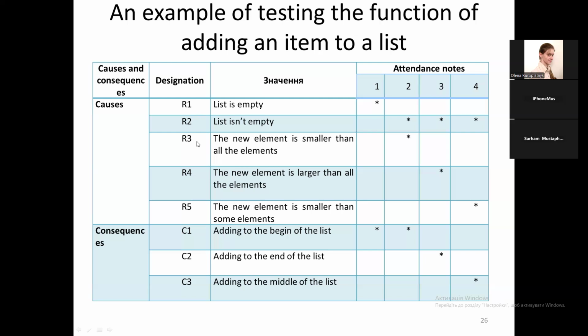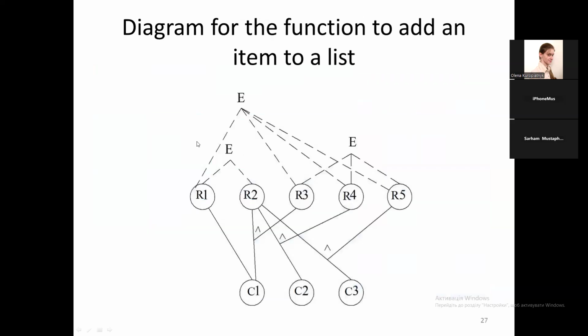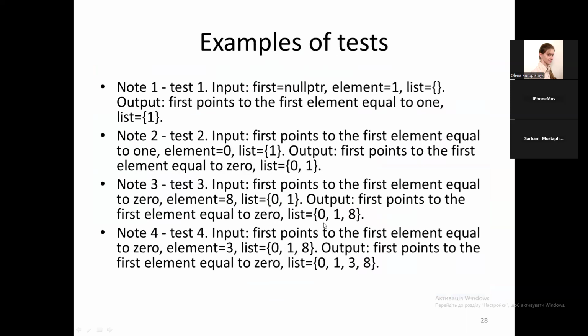If I have a graph, I can see reason 2, reason 3, the connection between these reasons and the relationship, and after that I write some tests.